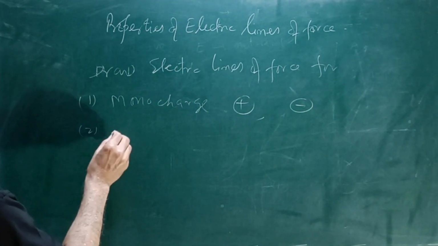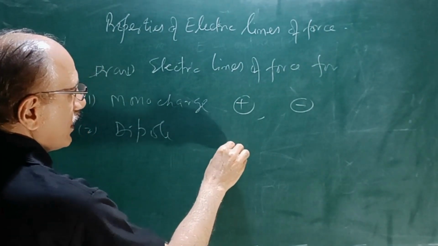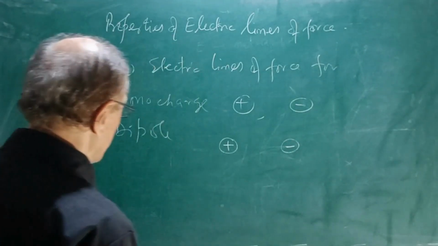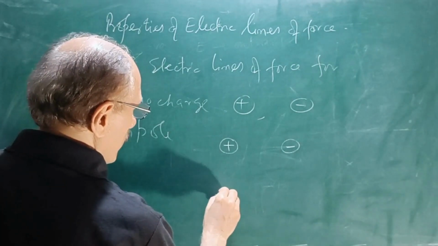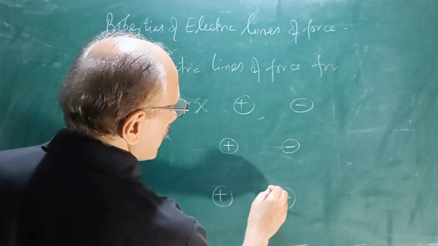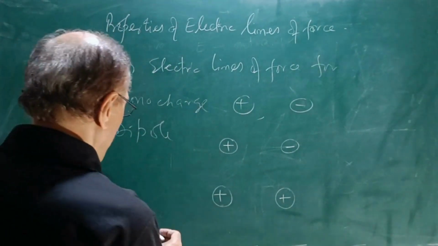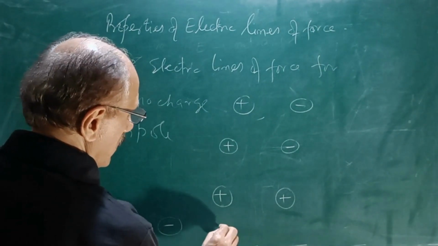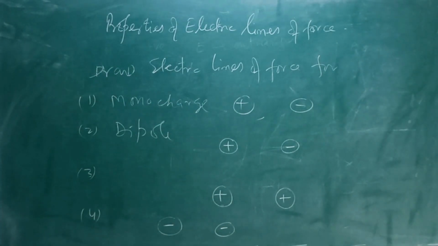Then dipole, that means one is positive and the other is negative. Third, you can draw both positive. So what will be the electric lines of force? Or if both are negative, then what is the nature of the electric lines of force? So you just try to draw these.